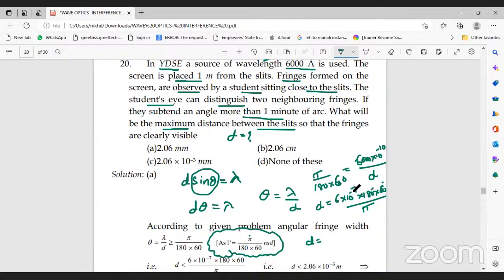These two zeros can also be taken to this side. So 6 into 18 into 6 into 10 power minus 5 divided by pi. The pi value is close to 3 point something, so roughly 6 into 18 into 2 into 6. Approximately, 6 into 2 is 12, 12 into 18.